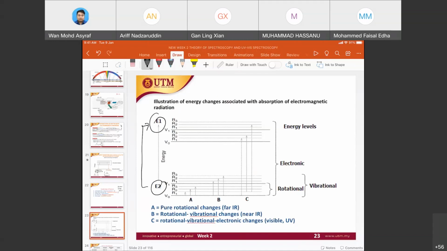Di dalam level dia sendiri pun dia ada rotational level. Faham? Electronic transition dan juga rotational and vibrational level means that daripada sini you boleh buat gambaran bahawa elektronik ni dia from one step yang lain itu kepada E1, tetapi dalam setiap E ni dia ada step tersendiri yang mana step itu adalah rotational ataupun vibrational punya level.